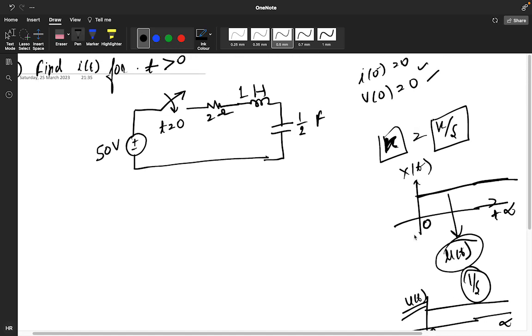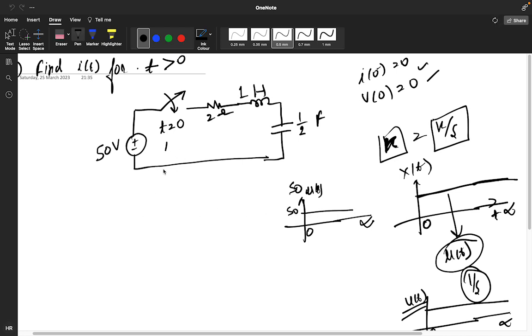So I can write this circuit instead, because this 50 volt is getting on at time 0; before that the circuit is not getting any 50 volt. The signal u of t starts from 0 and goes up to infinite. If we write 50 u of t, that means the value is 50.